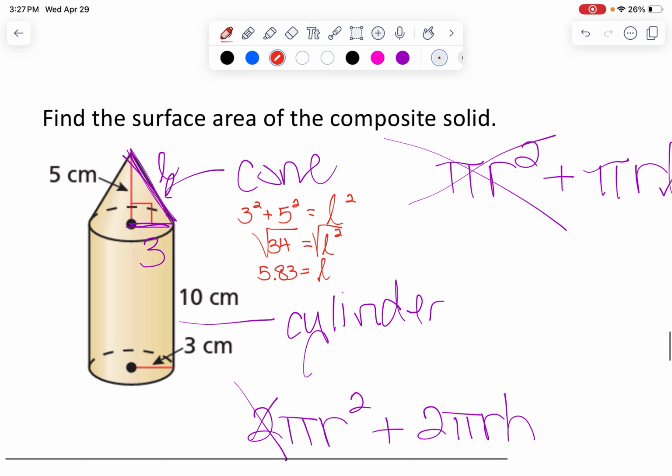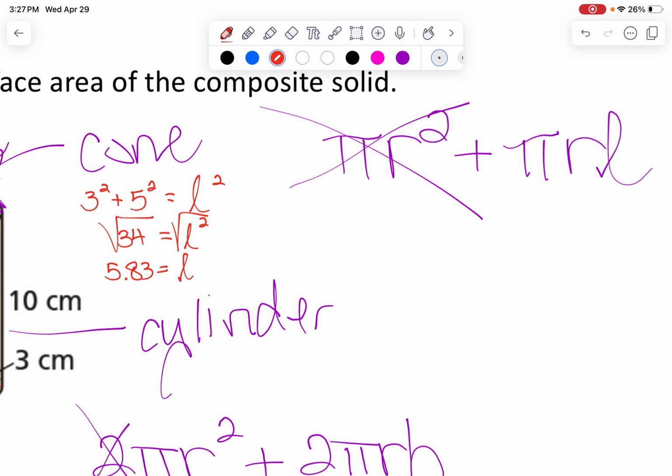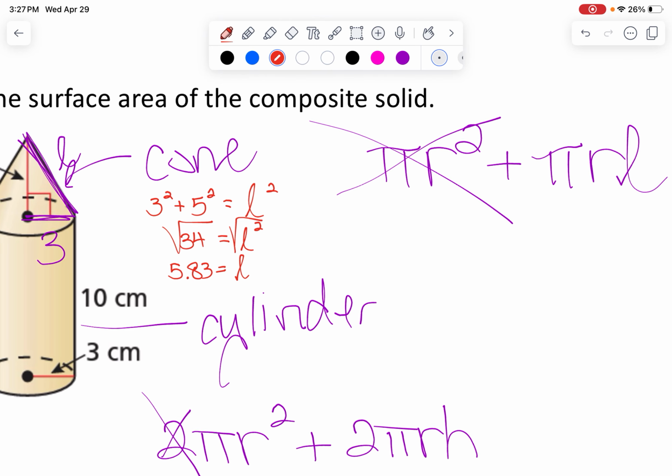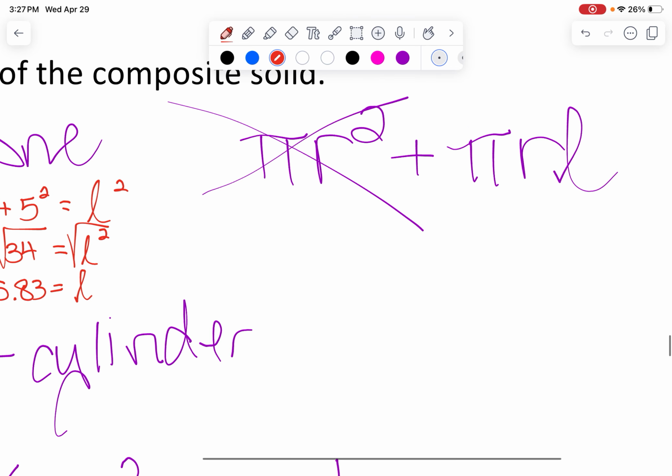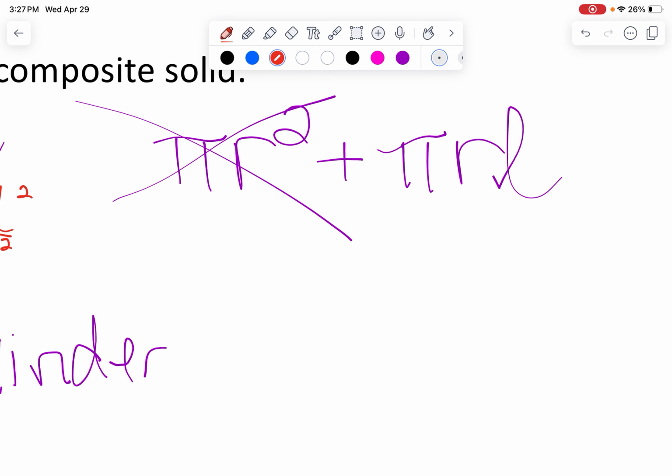Okay. So let's plug that in. Our radius is 3. So now we can do that. Let's do pi times 3 times 5.83. Okay, 54.